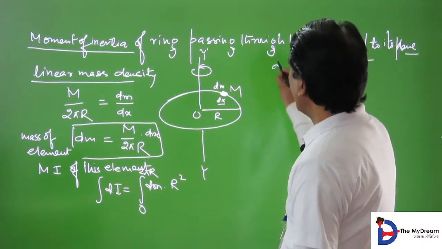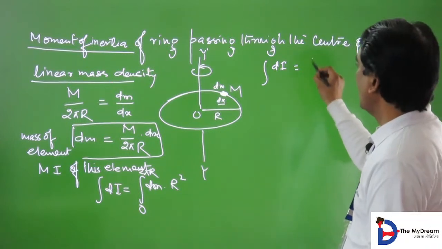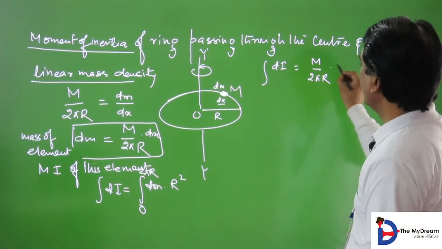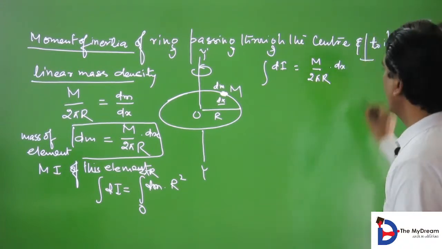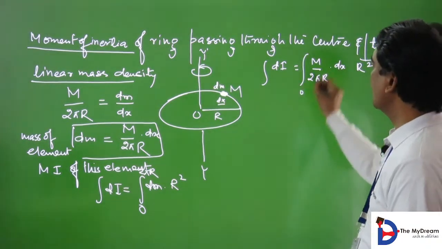And delta I is now written as M upon 2 pi R into dx into R squared. This is the limit.